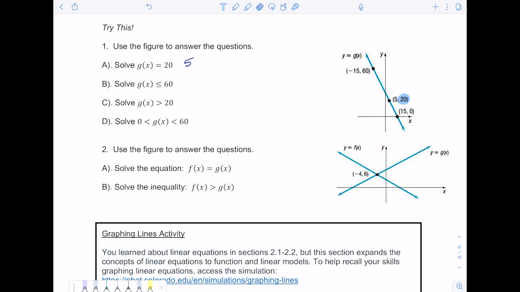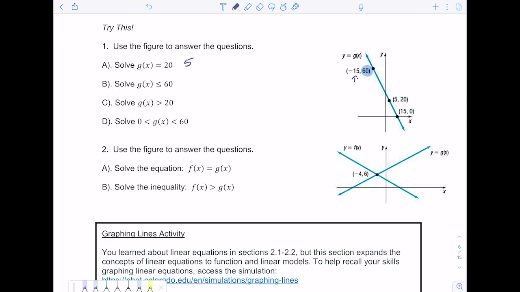For letter B, says solve g of x is less than or equal to 60. Okay, so now we need to find where y is 60, which would be right here. And it's asking, okay, what x values would produce a y value that's less than or equal to 60?